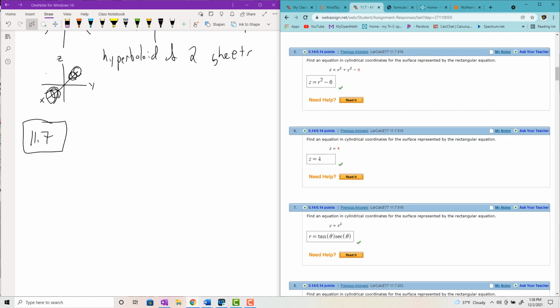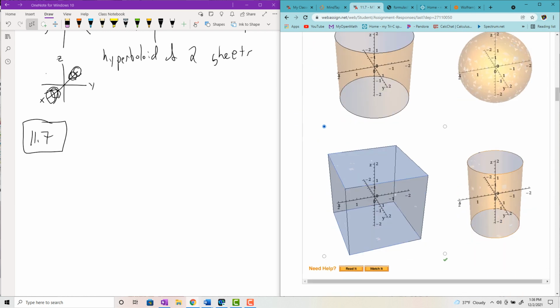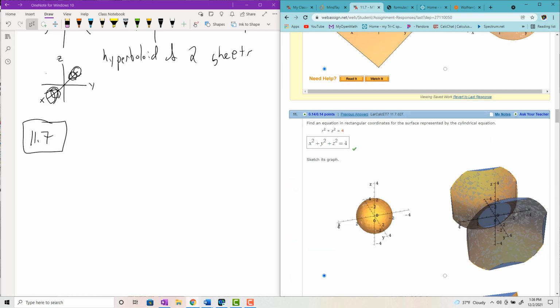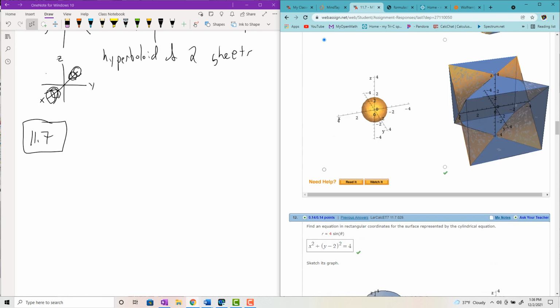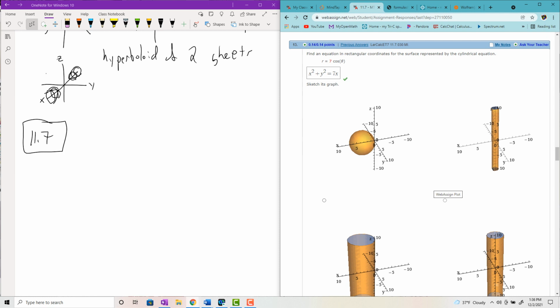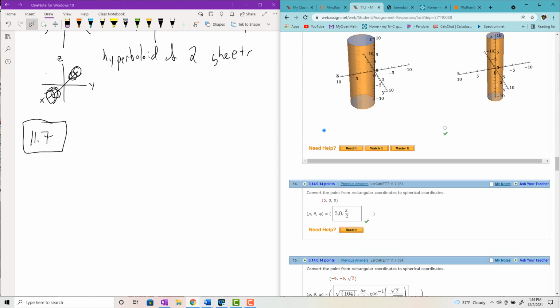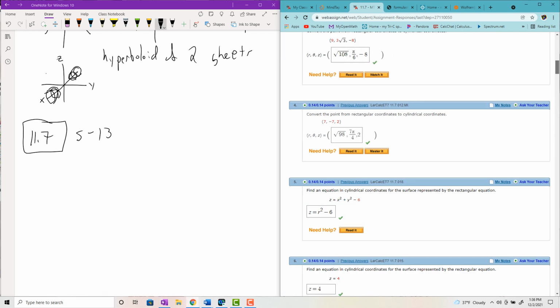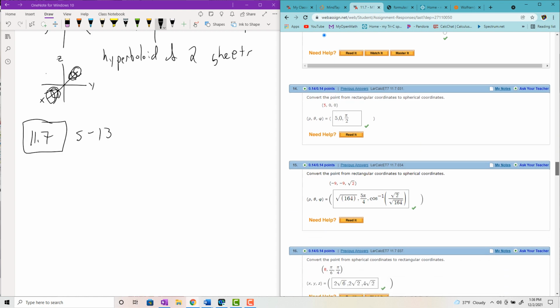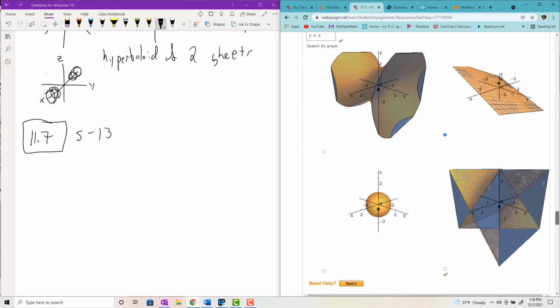It's like number 5 all the way up to number 13. So what did I say, 5 to 13? Yeah. Okay, and if you're more ambitious, you can do the spherical stuff as well.